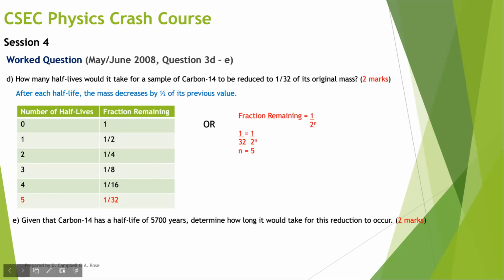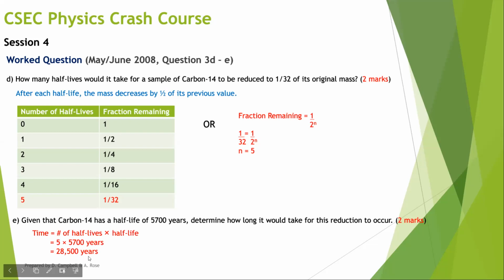The next part of the question says, given that carbon-14 has a half-life of 5,700 years, determine how long it would take for this reduction to occur. Now you will note that we just determined that 5 half-lives would have taken place. So if 5 half-lives take place, then we just need to multiply the 5 by 5,700 to determine how long that would be.